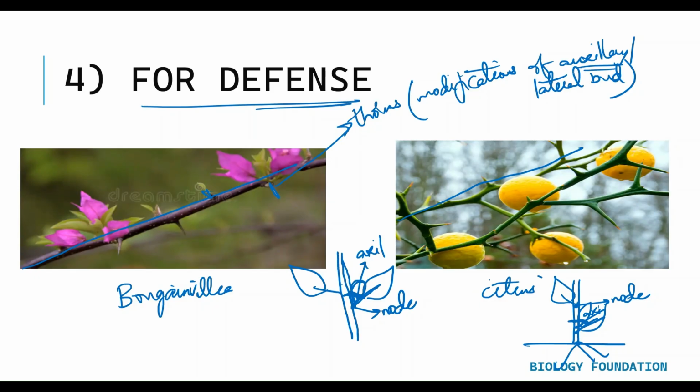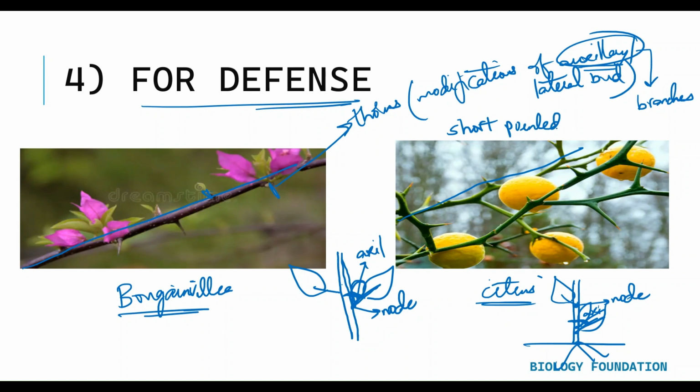Now, in bougainvillea and citrus, normally the auxiliary bud gives rise to branches. But here, the auxiliary bud develops into a short pointed structure known as thorn. Why?